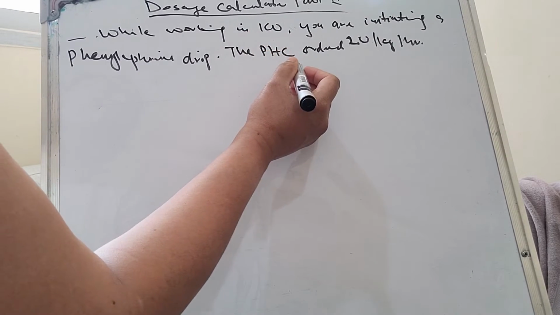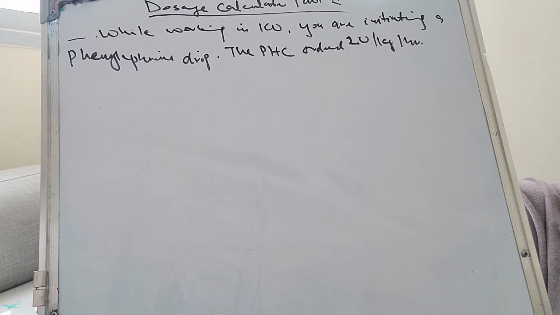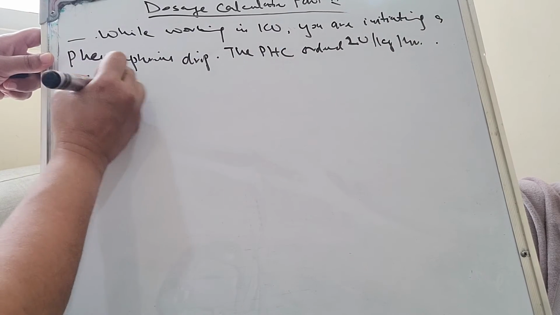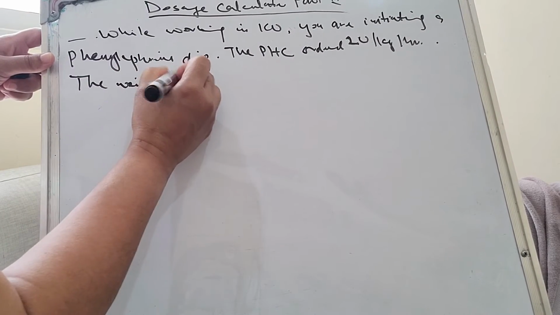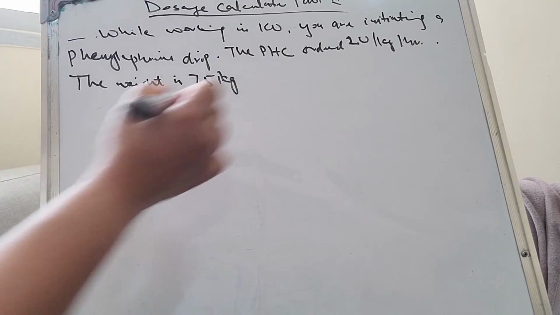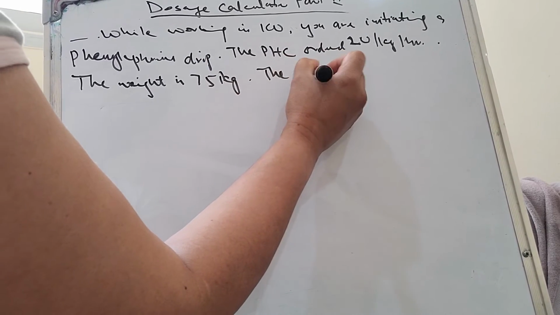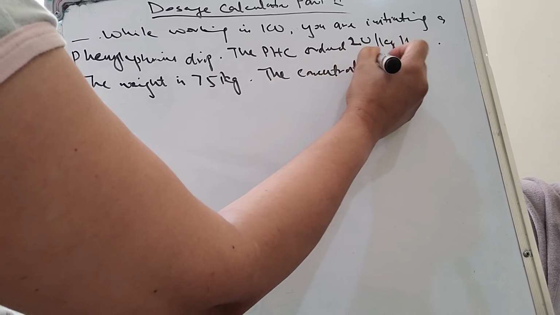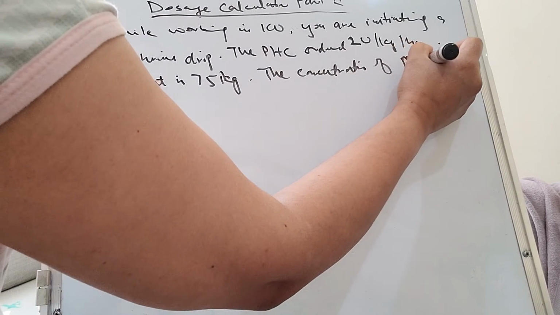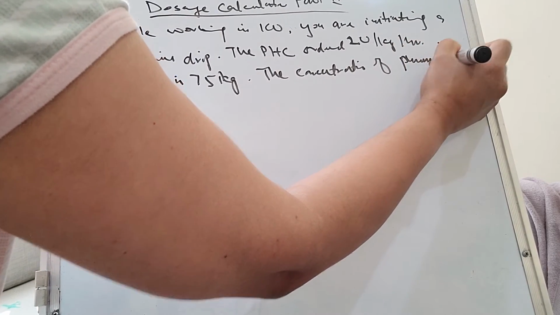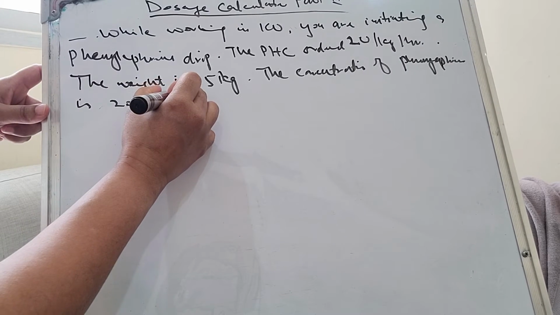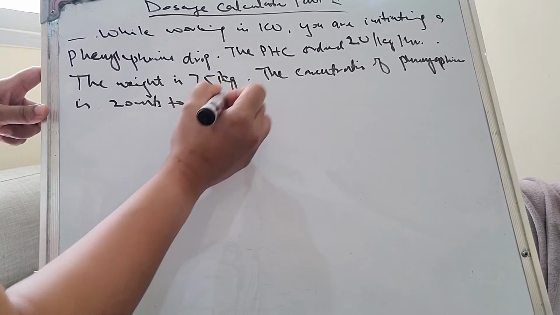The primary healthcare provider ordered 2 units per kg per hour. The weight of the patient is 75 kg. The concentration of phenylephrine is 20 units to 1 ml.